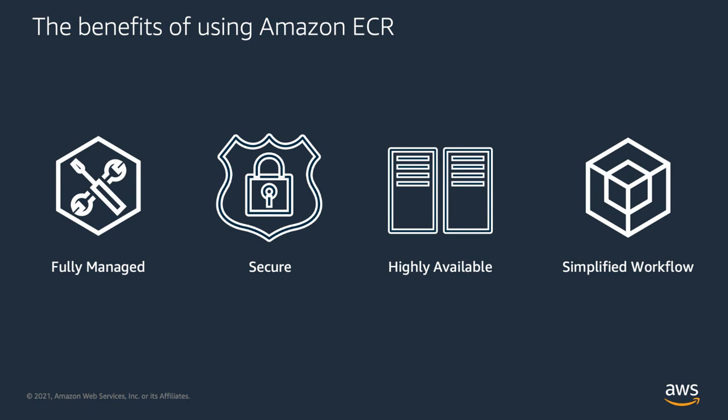There's nothing wrong behind it. ECR offers these things out of the box. So it's fully managed, highly secure, highly available, and offers a workflow to make sure that whatever comes to the ECR is fit for purpose.